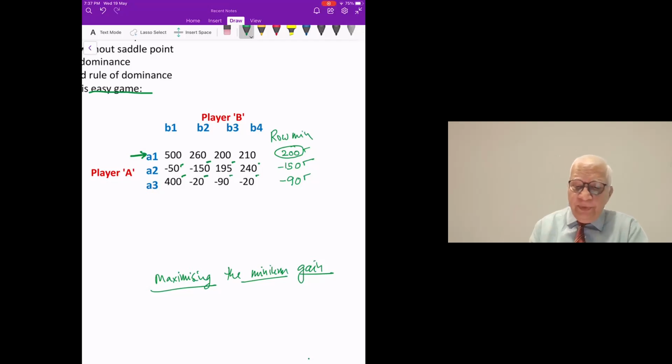Now let's go to player B. Remember, the matrix is written from the point of view of player A, so the numbers represent B's loss.